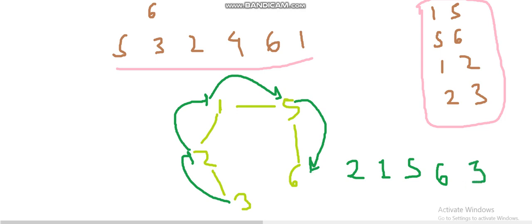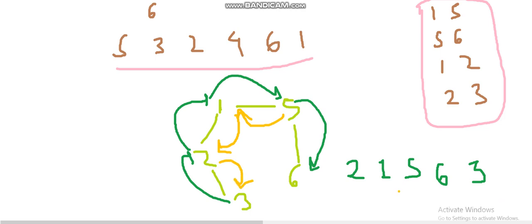Okay, so now this element 3 is at position 6, but the element 6 is not at position 3. For that we just have to do the reverse operation from 5. If we do the reverse operation from 5, it will go 5 to 1, then 1 to 2, then 2 to 3.